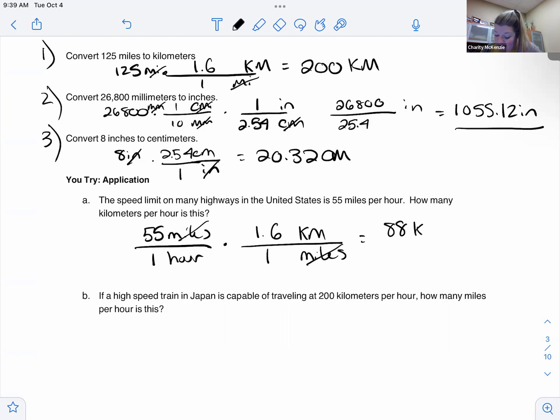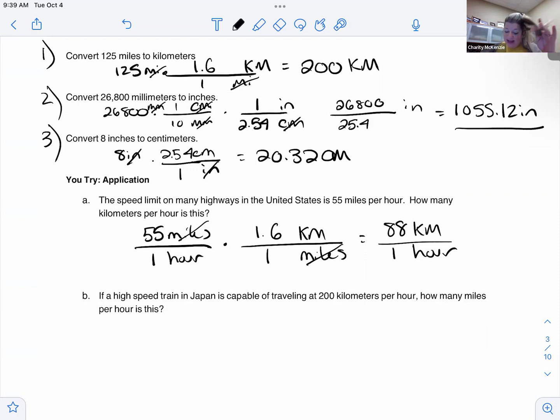And on the top, I have the kilometers. And then on the bottom, I still have 1 times 1, and I still have the word hour, 1 hour. So we can say this is 88 kilometers per hour because it's per 1 hour. Anything after the word per is in the denominator, and there's one of them, per hour.